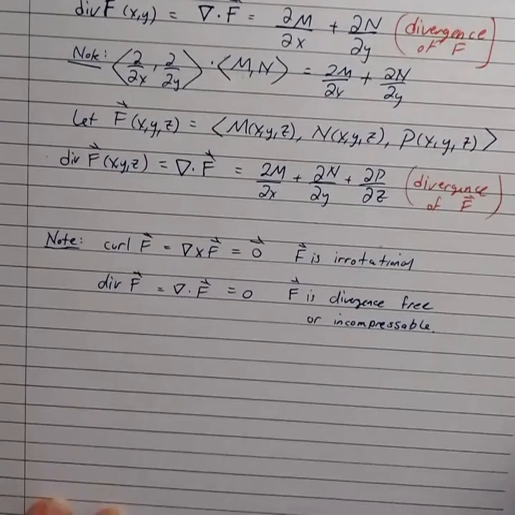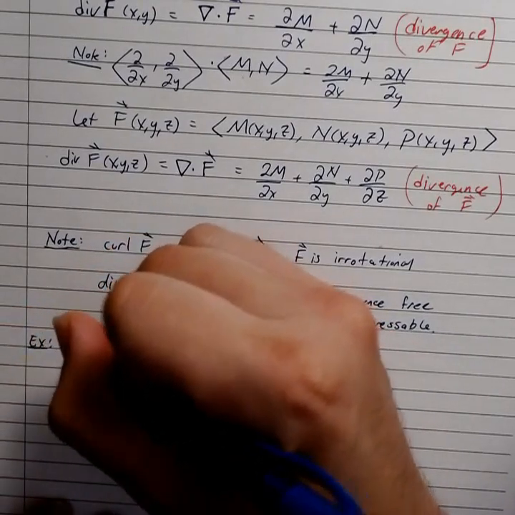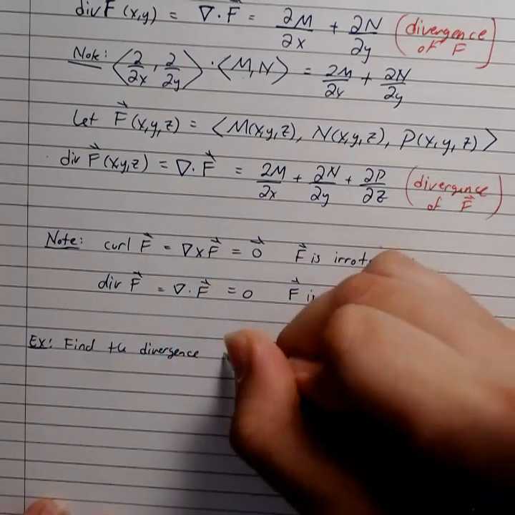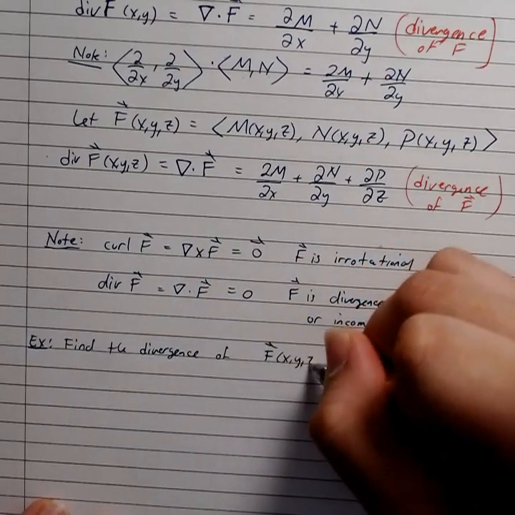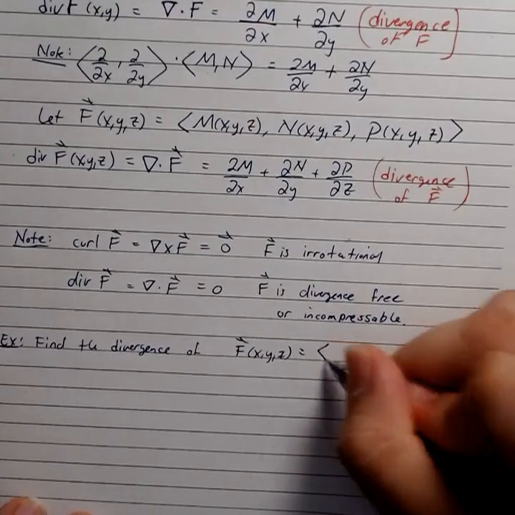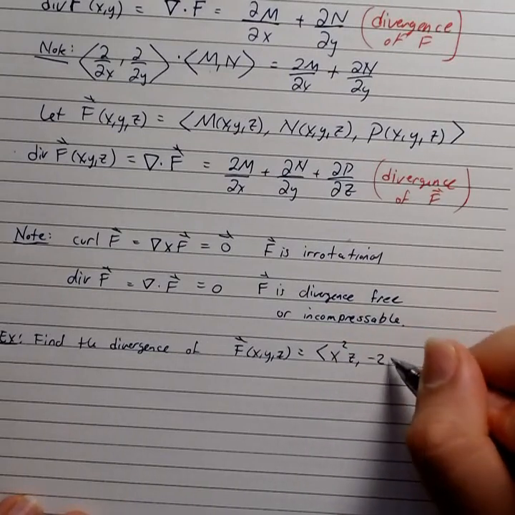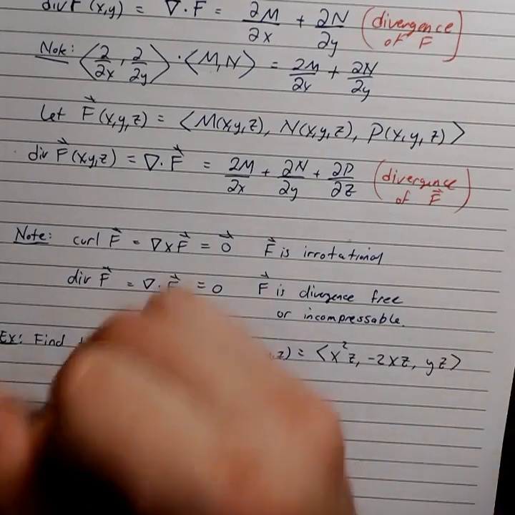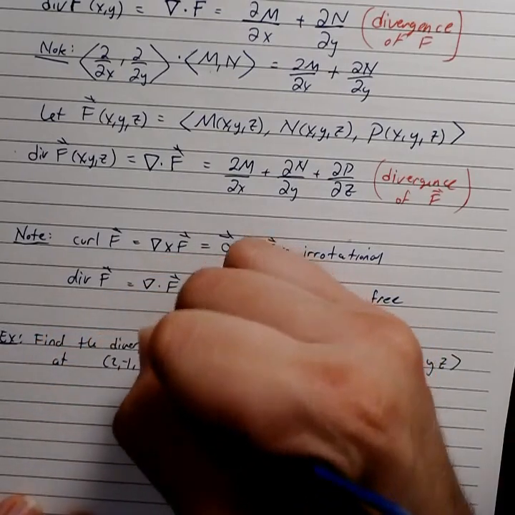But for now, as our last example, let's just give a quick example of divergence. Here, find the divergence of the vector field that's given by three variables. So that's going to be something in space, which is given by the vector x squared z, comma, negative 2xz, comma, yz, and here at the point 2, comma, 1, comma, negative 1, comma, 3.